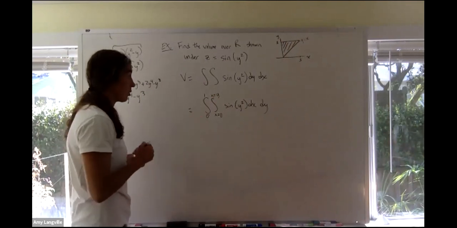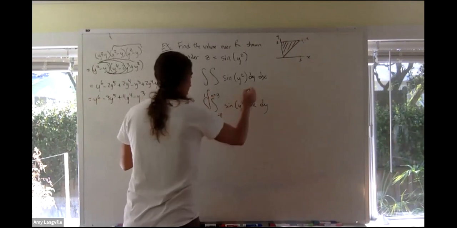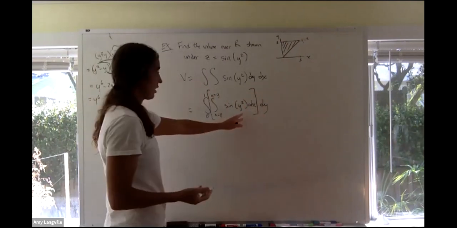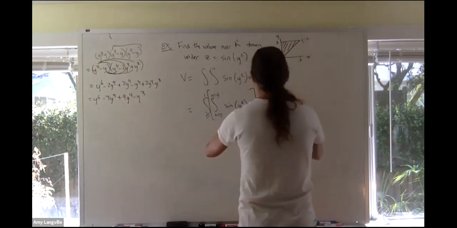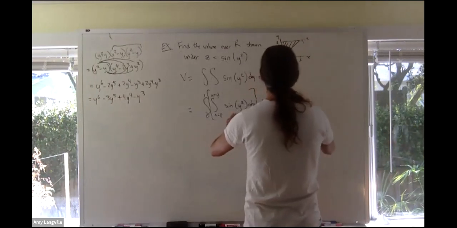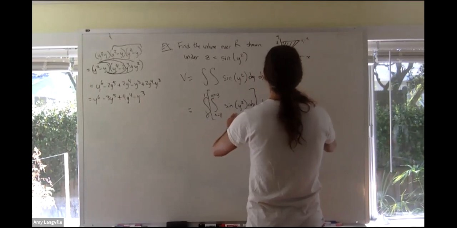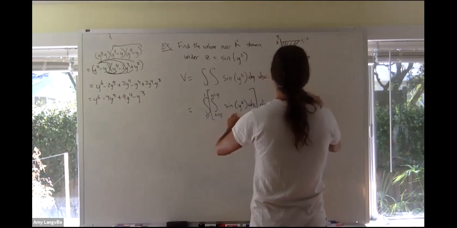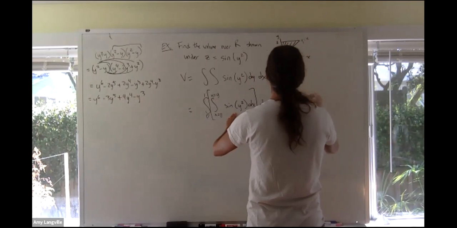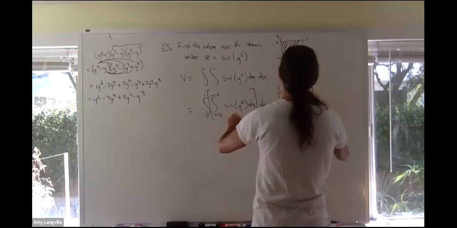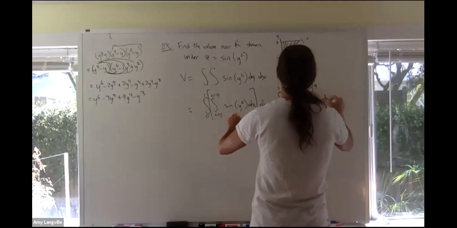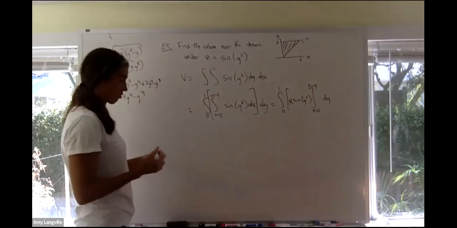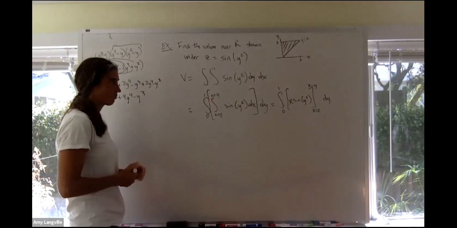And now let's go ahead and do it. We work from the inside out. No problem. When x looks at this, this is all just a constant, so it just gets carried along with an x attached. So when we integrate, we have sine y squared times x, and we're going to evaluate that at our limits, x goes from 0 to y, and then we'll eventually get to the outer integral dy.